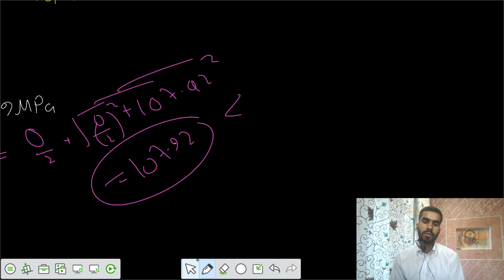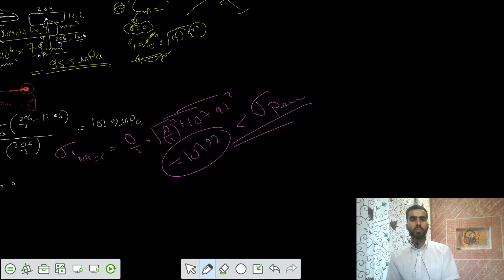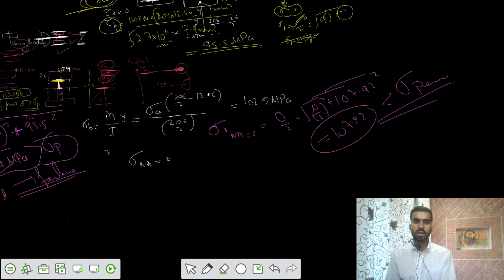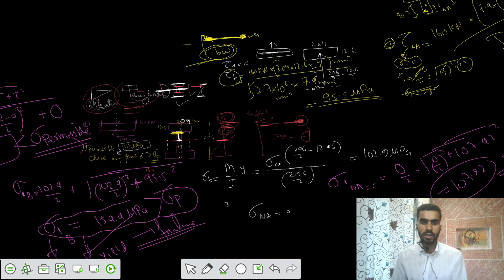So it's lesser than sigma permissible. So this point is safe, but the point at the junction is facing issues. Its stress is more as compared to the permissible. So your point B has failed.